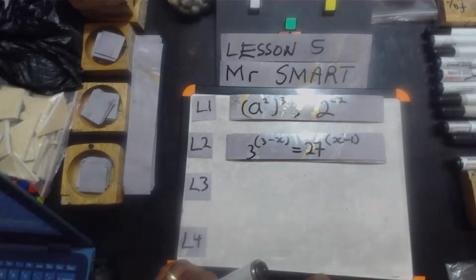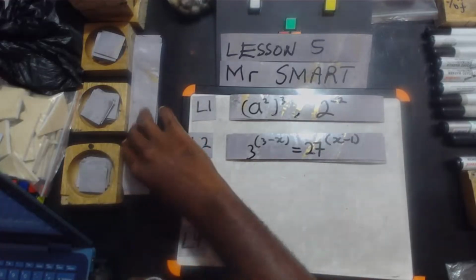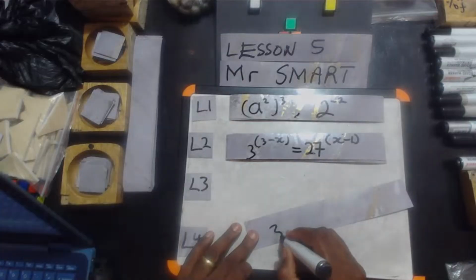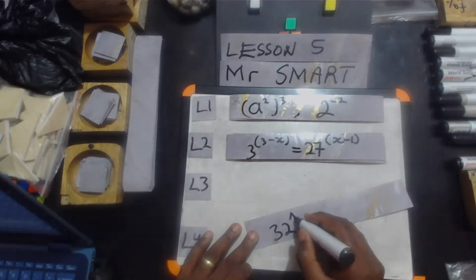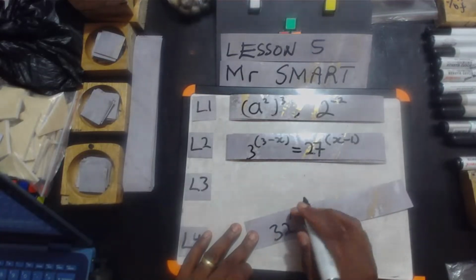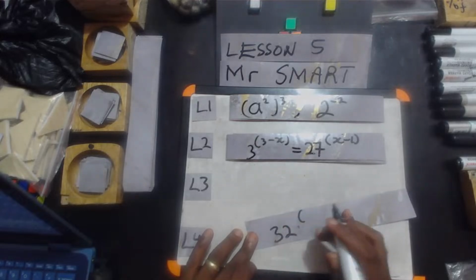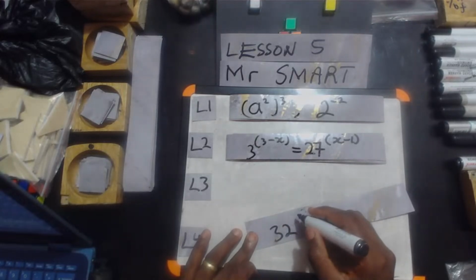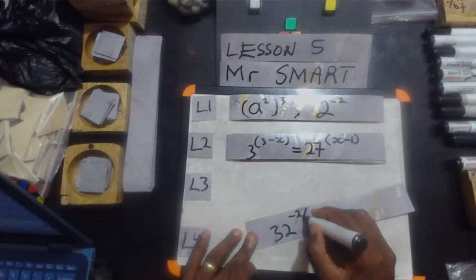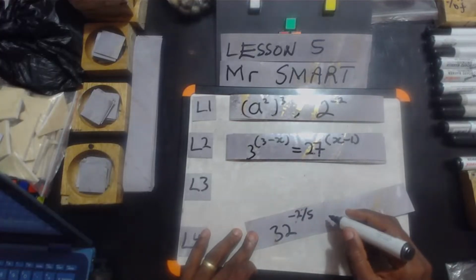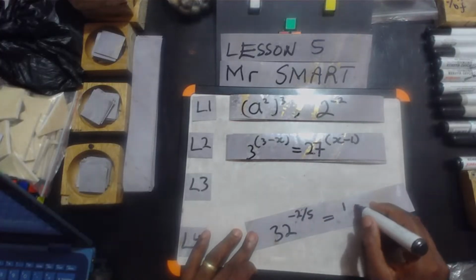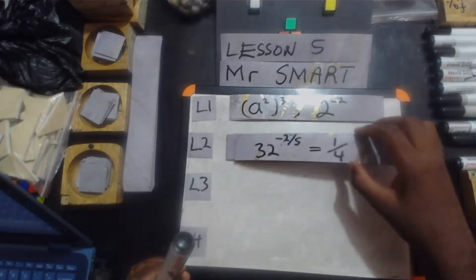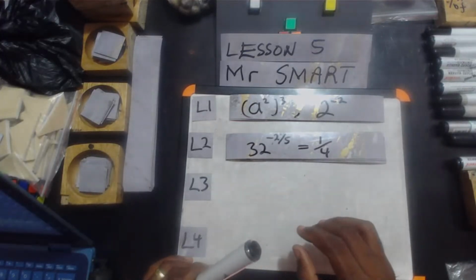And then the final level 2 question for consideration is 32 to the power negative 2 over 5 is equal to 1 over 4. How will you go about this? This is another level 2 question.